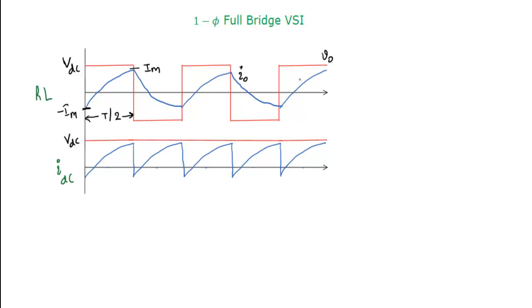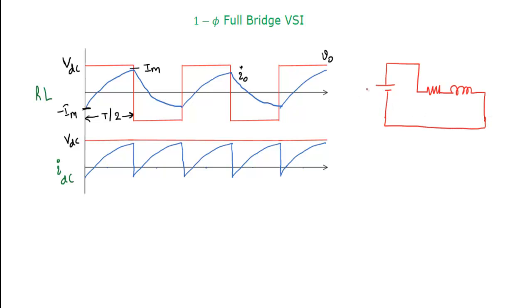So if you see that either diode D1, D2 or thyristor T1, T2 are in conduction, it means voltage across the inductor will be VDC and current will start from here to here like this. So in this case what will be the equivalent circuit? It will be like this: thyristor T1, then resistor, inductor, then T2.